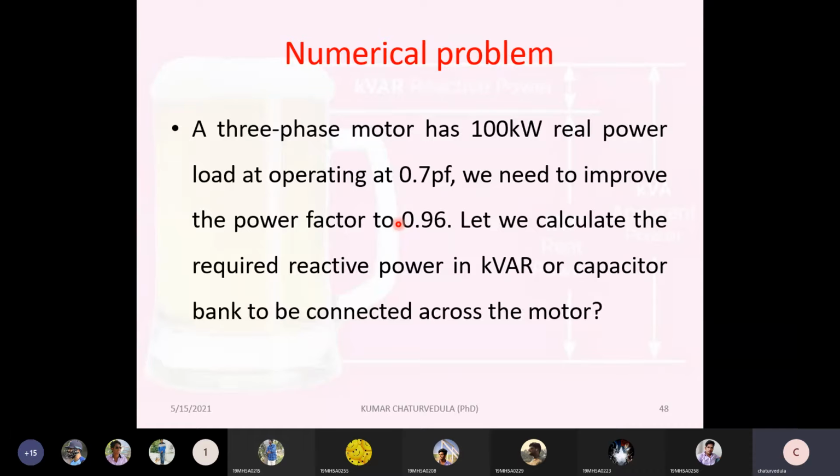And you have the formula 100 into tan of cos inverse of 0.7 minus cos inverse of 0.96. Once you calculate this, you will get the value of kVAR required. Okay, I will give 2 to 3 minutes of time, note down this problem and try to solve it and give me some answer, whatever answer you get.